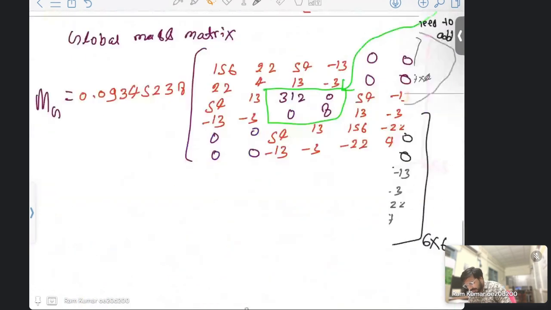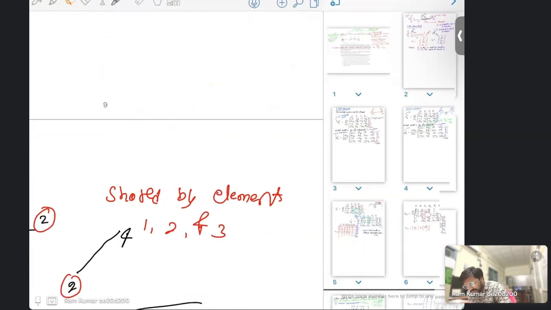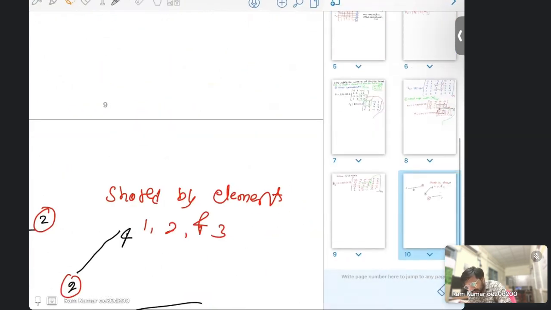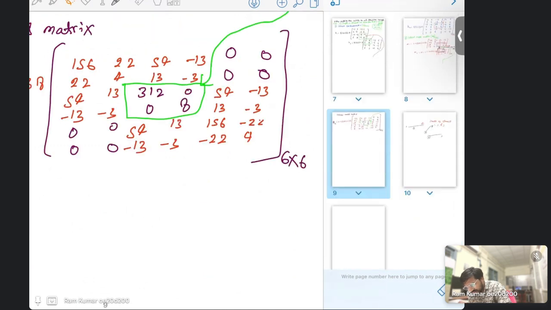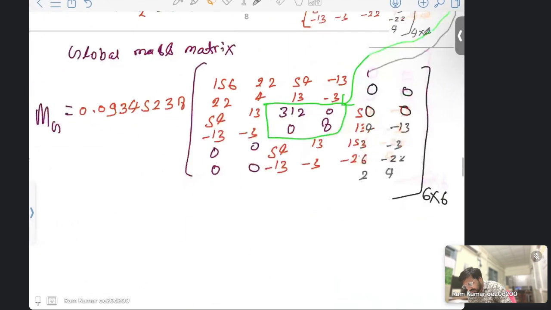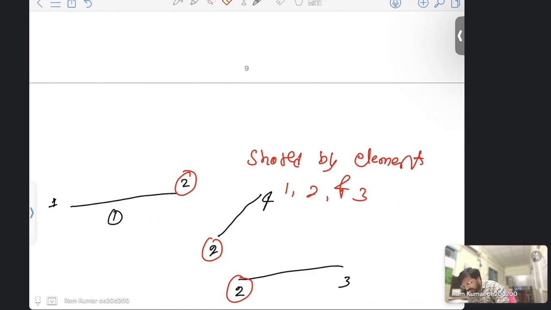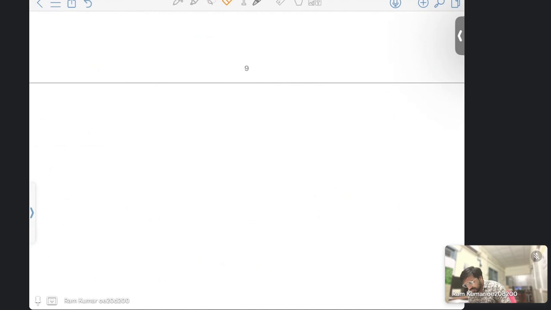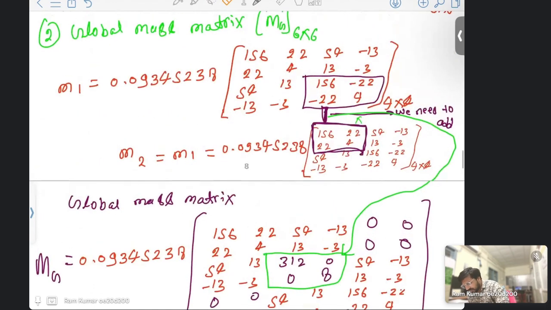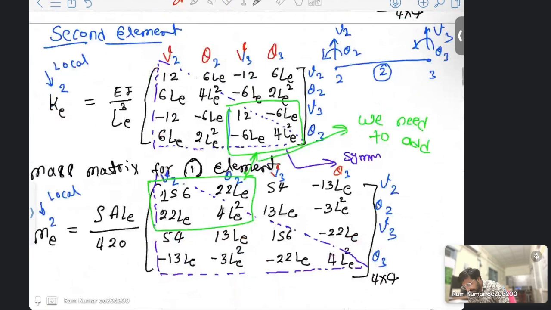So I will add a few more here. Whatever boundary conditions we got, is copied from there.